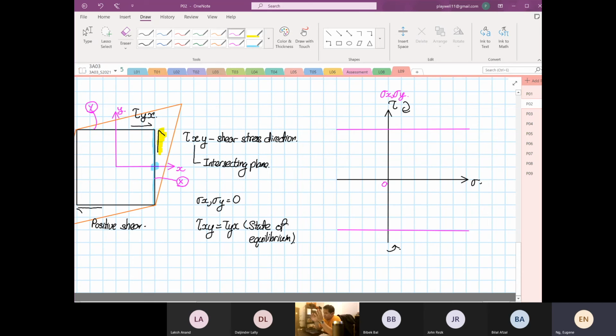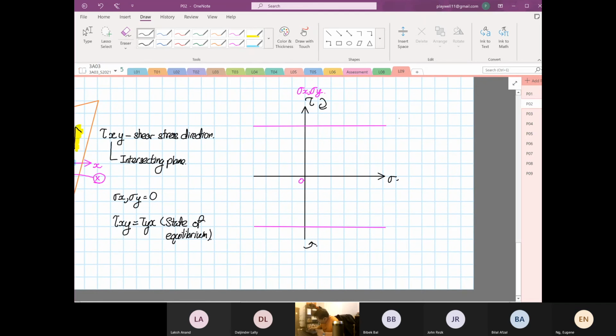So where is point X? Okay, so point X, on shear, the rotation of the element determines point X and point Y. Okay.